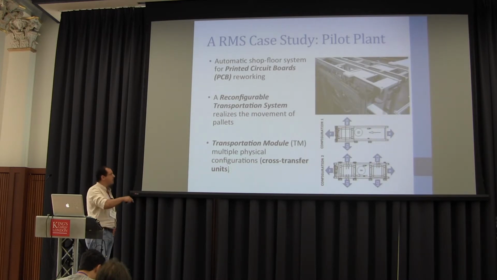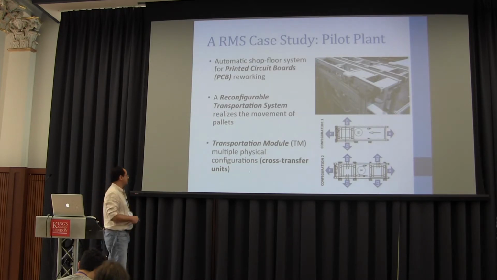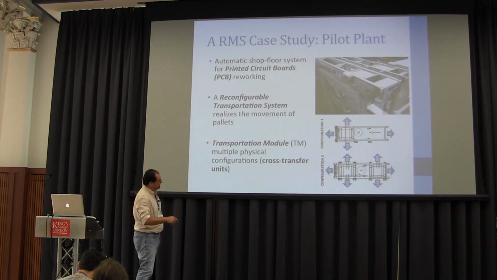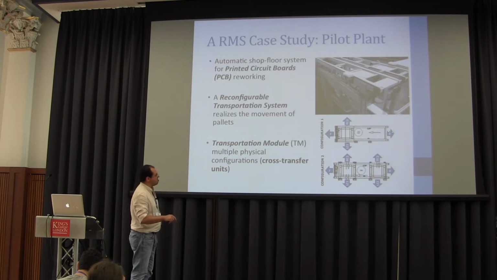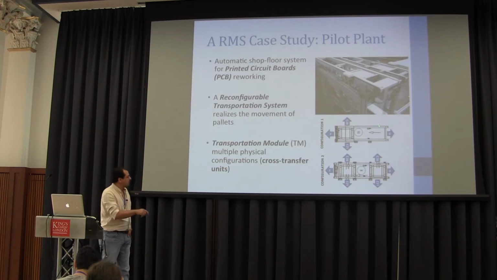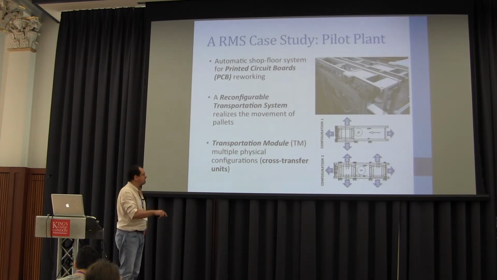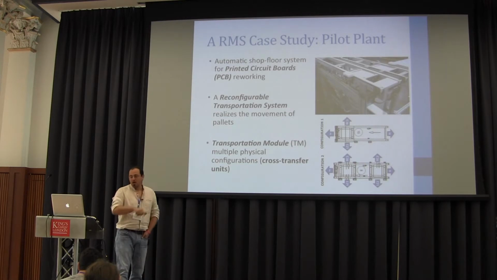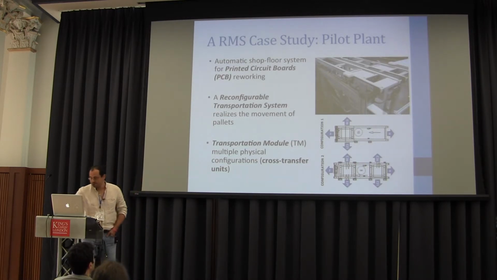That is the element in the plant that shows the most capabilities in physical reconfiguration, because these are two possible configurations of the transportation module. You can see there is a main conveyor that is able to implement this kind of transfer. Then you can have multiple cross-transfer units that allow side-by-side transportation of the pallets. So, according to the physical configuration, the transportation module is able to implement multiple transportation tasks.